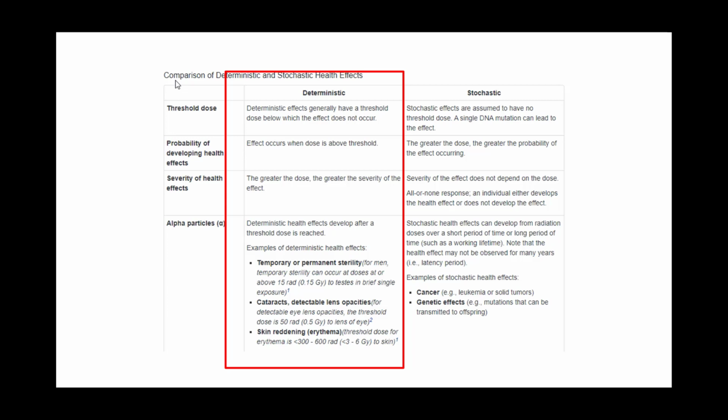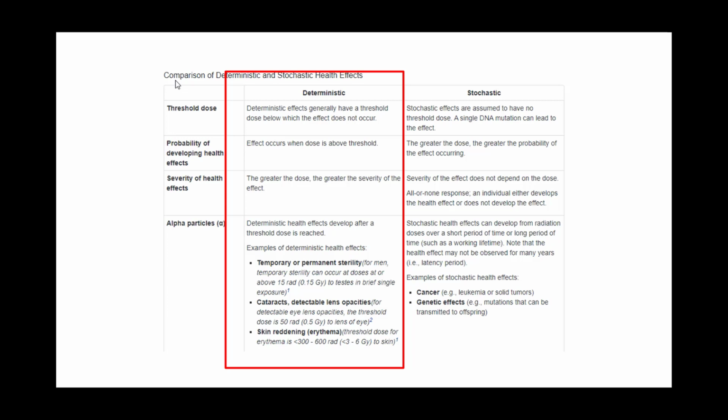Deterministic effects generally have a threshold dose below which the effect does not occur. So until it reaches that threshold, there is no possibility of damage occurring to the tissue.